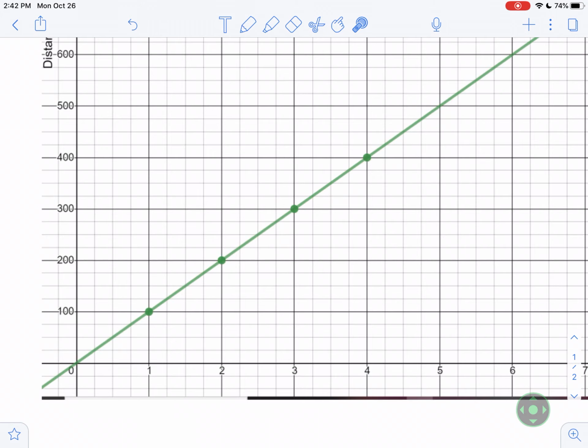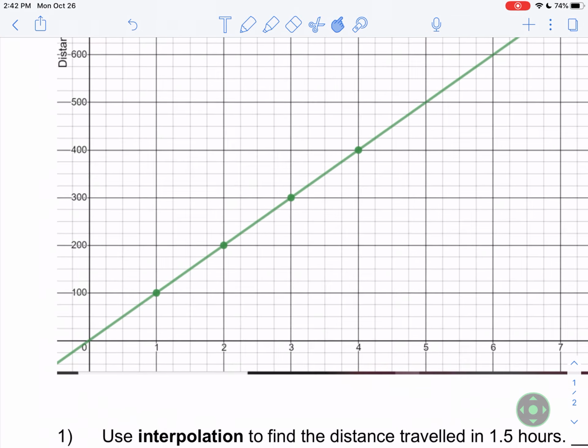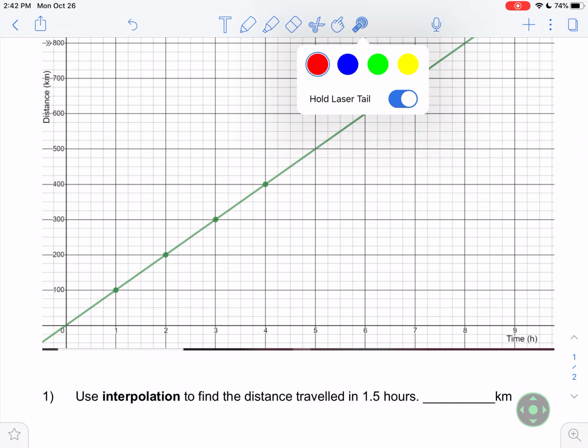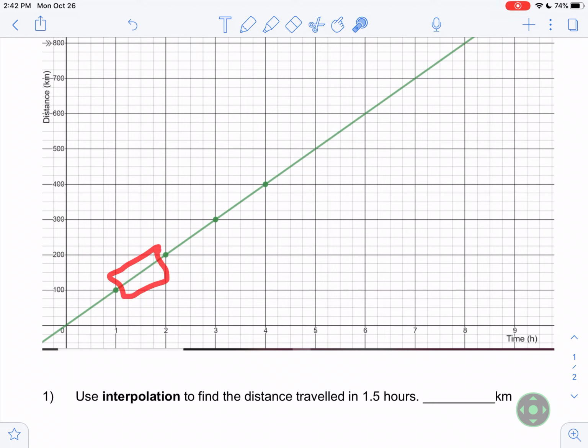Okay. So once I've done that, I'm hopefully able to use this graph to, given a time, figure out a distance. And I can do this for information that's given or information that I find between the points, so in these areas here, between the points that were given in the table.